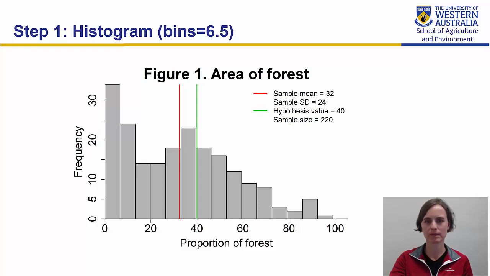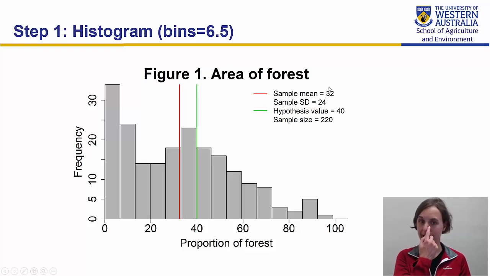So this is a bin width of 6.5. And what I want to do with this is to test whether my hypothesis that 40% of the world's landmass is in forest is true or not. And when I look at this graph, I calculate first where's my mouse again?